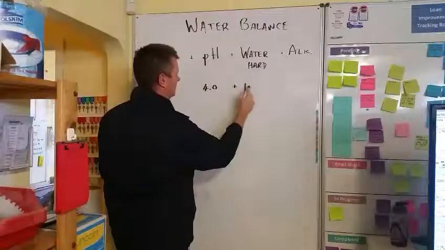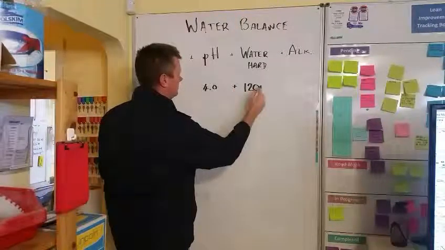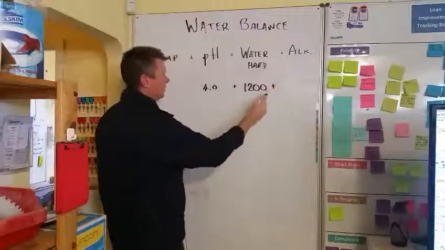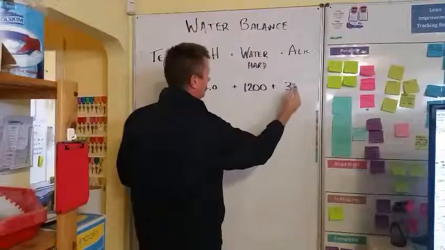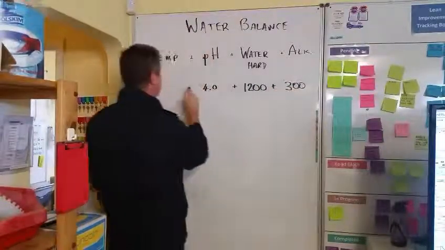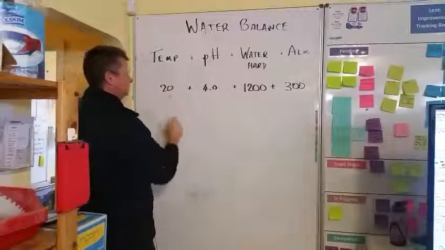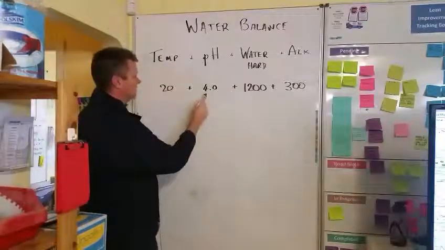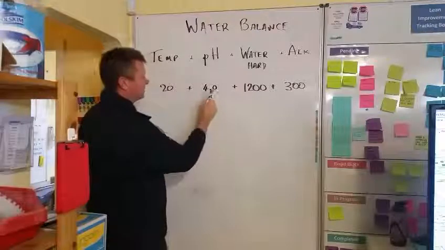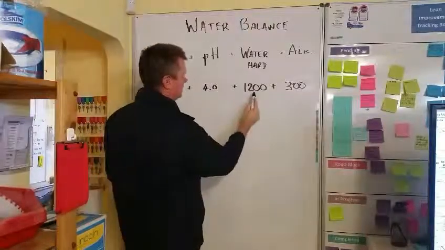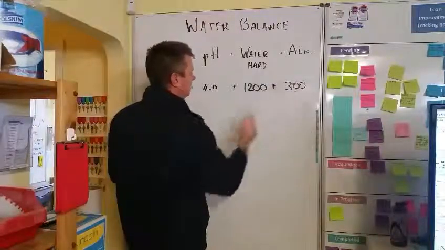So you might have 1,200 parts hardness, and you might also have very high alkalinity, and we'll keep the temperature constant, say 20. Because the pH is low, it is offset by very high water hardness and very high alkalinity.